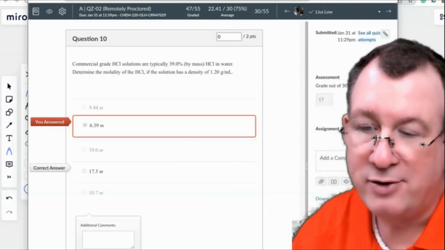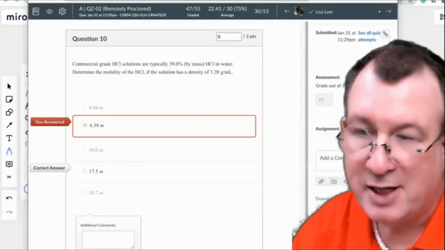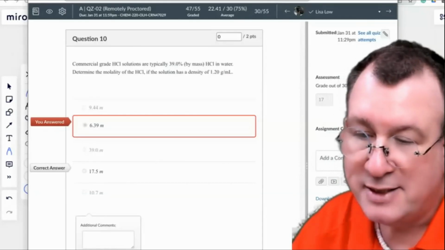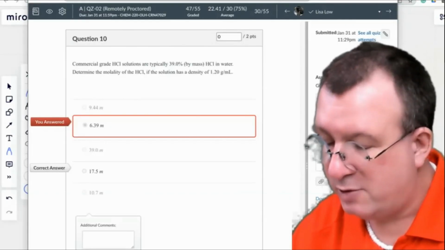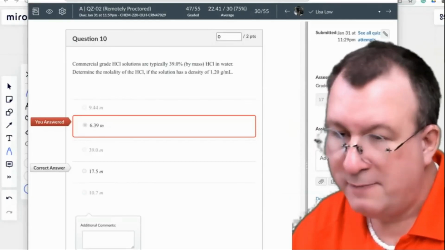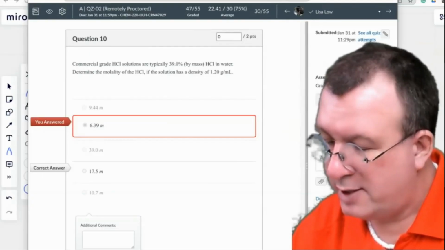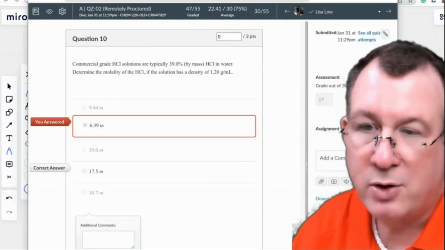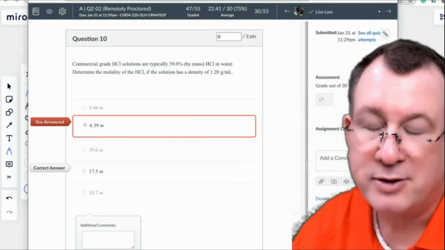So I'm taking 39 grams of HCl and dividing by the molar mass. I get something like about 1.08 moles. And then I divide that by 0.061. 0.061 is basically 61 grams of water turned into kilograms.